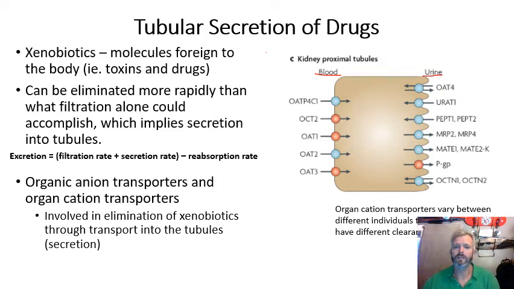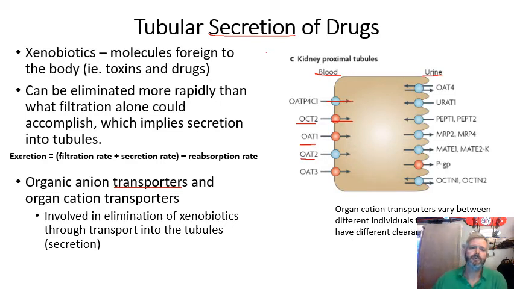Many of your drugs are removed via the secretion process, and that is done by these transporters: organic anion transporters, OATs, and organic cation transporters, OCTs. You can see they are on the membrane that's facing the blood. The substances are brought in and then brought out into the urine.